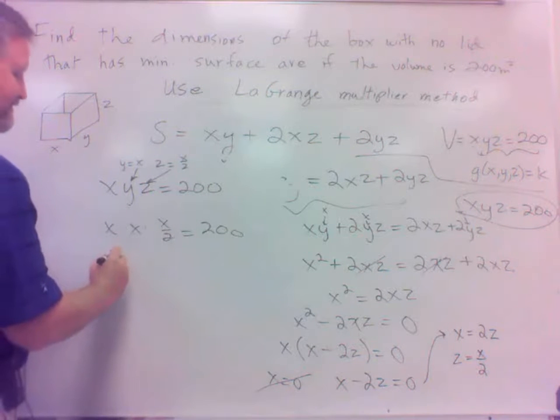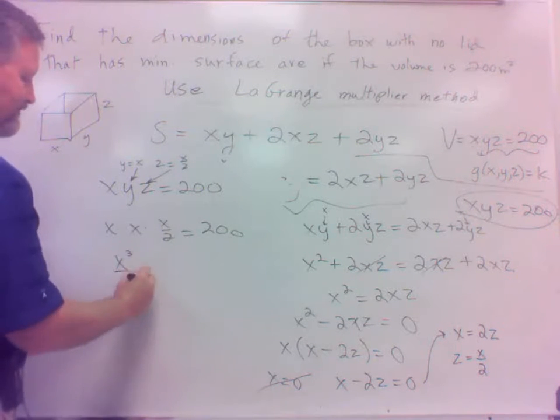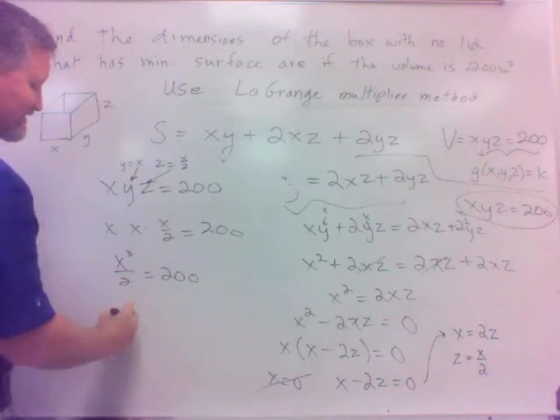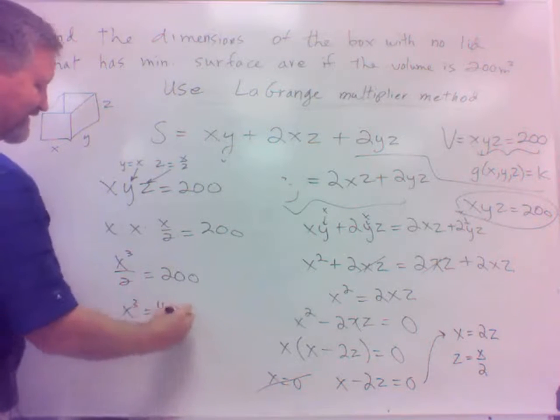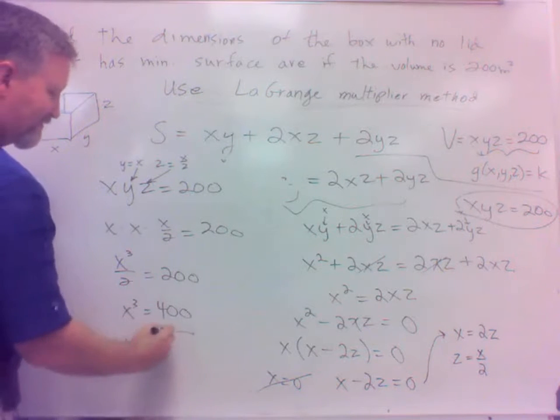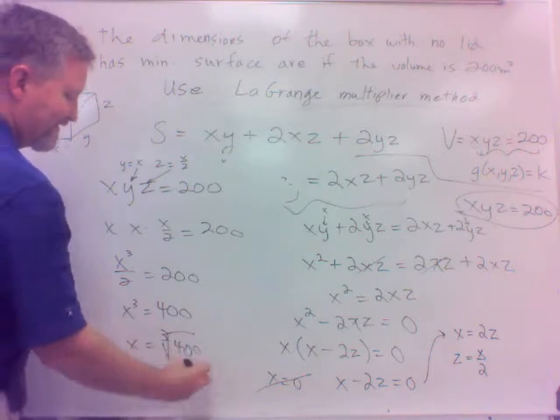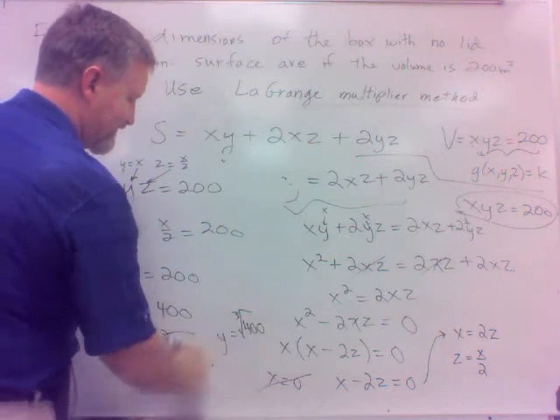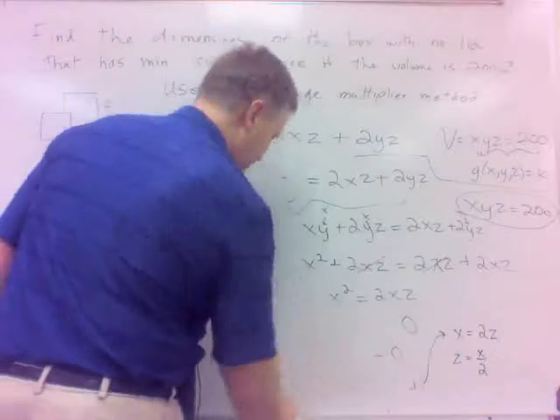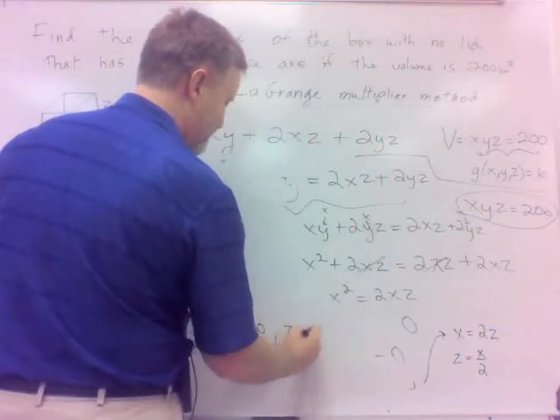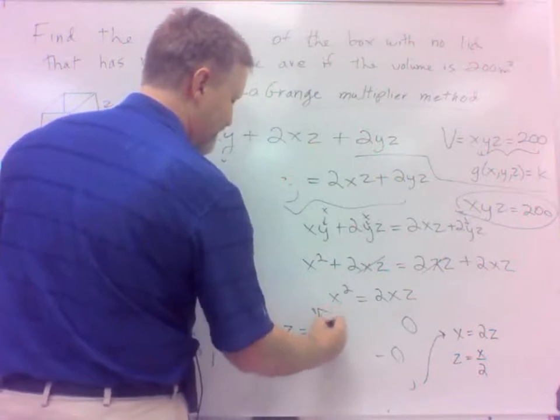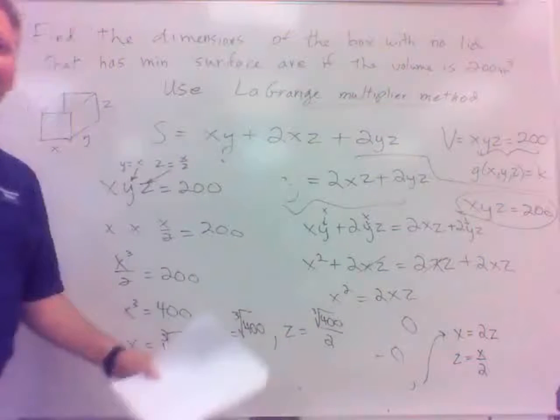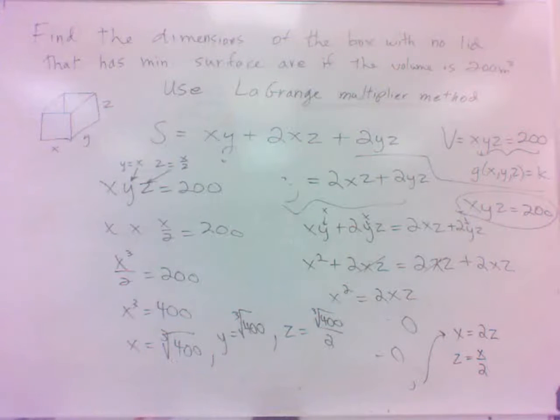Multiply by 2, so x cubed equals 400. x equals the cube root of 400. So y equals the cube root of 400, and z equals the cube root of 400 over 2. All right, ta-da. Same thing we found previously.